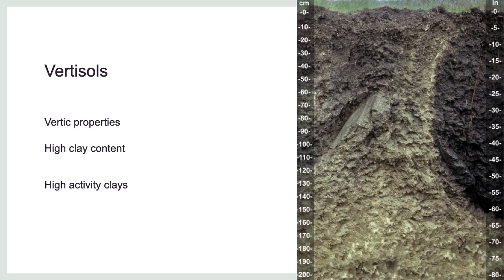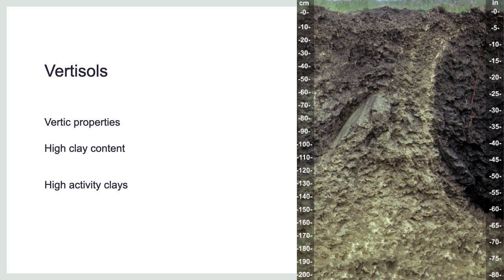It's quite common that vertisols also express some migration of clay from the bottom to the top, but this is not connected to differences of temperature between permafrost and the soil surface, but rather to differences of temperature between the soil surface and the bottom of the soil, and also differences of moisture content.